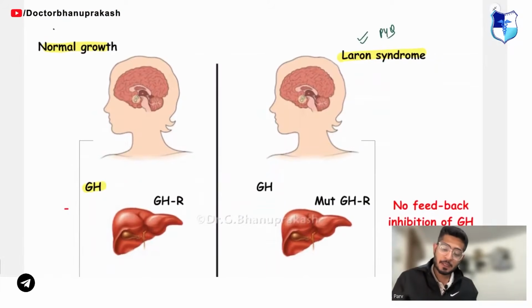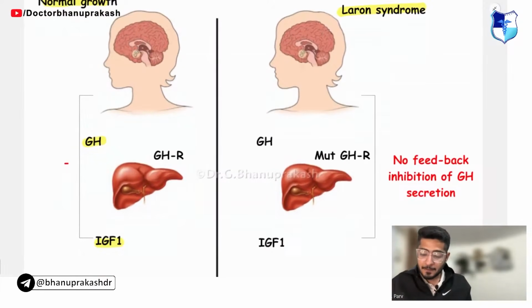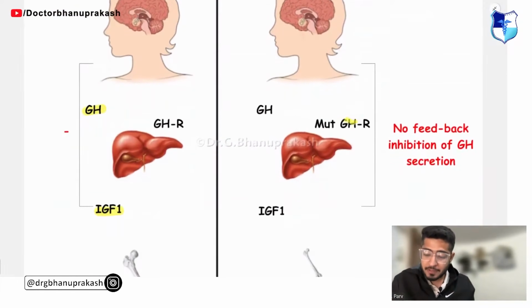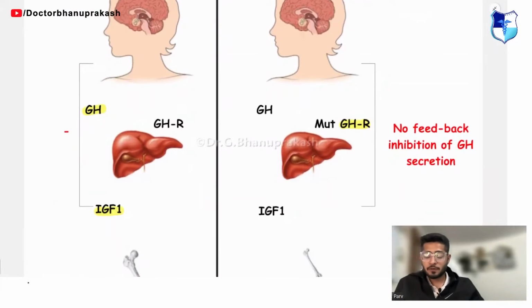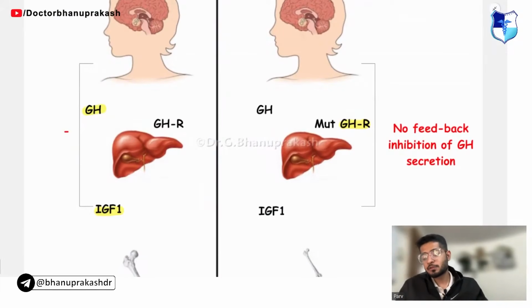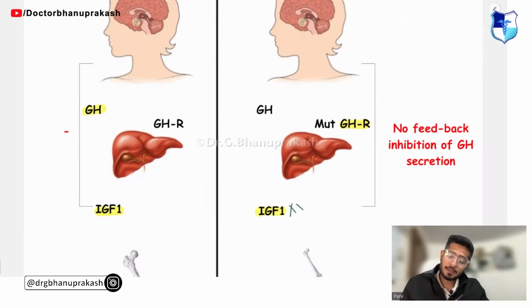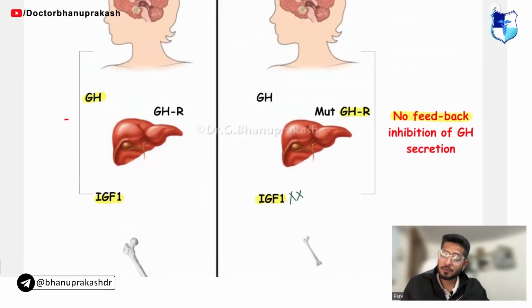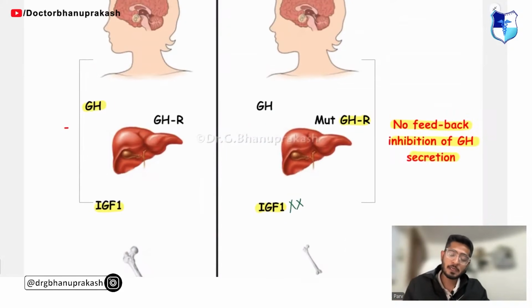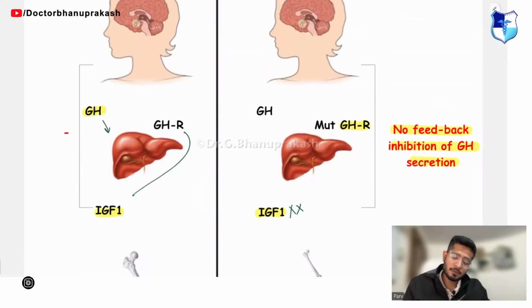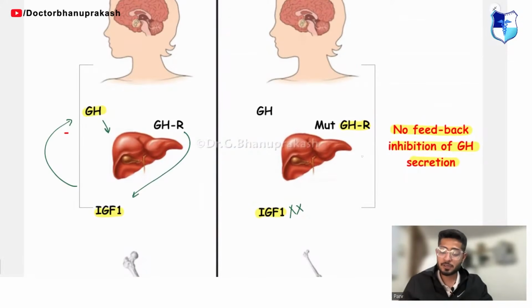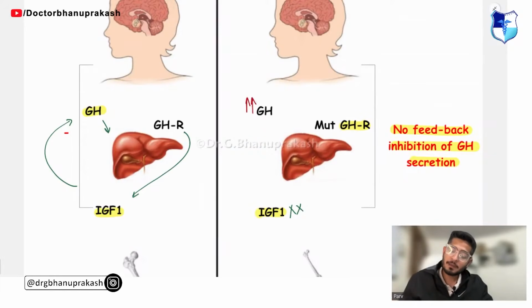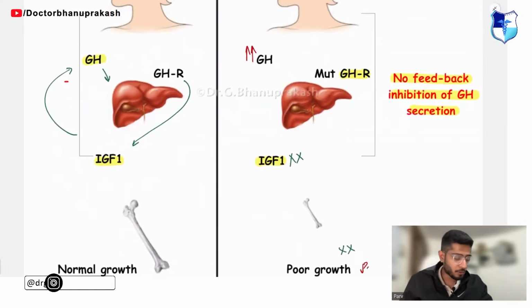In Laron syndrome, the growth hormone receptors are not functioning, so there will be no IGF-1, and since there is no IGF-1, bone growth is poor, and of course there will be no feedback inhibition of growth hormone secretion. So growth hormone is going to be increased, but still the bone growth is going to be poor.